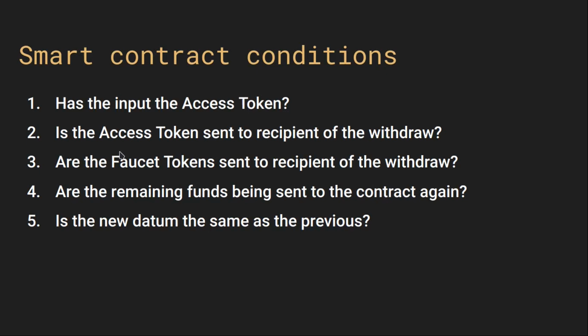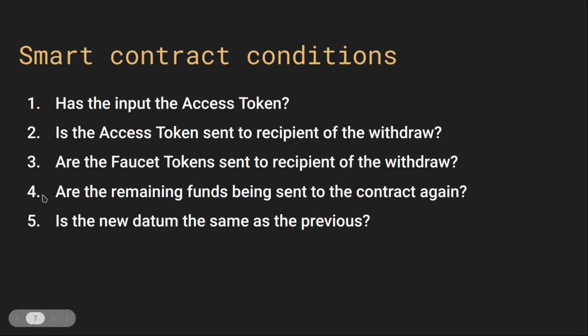Third, are the faucet tokens sent to the recipient of the withdrawal? So in the second and third conditions, we have to send both the access token and the faucet tokens to the same output, or to the same person.